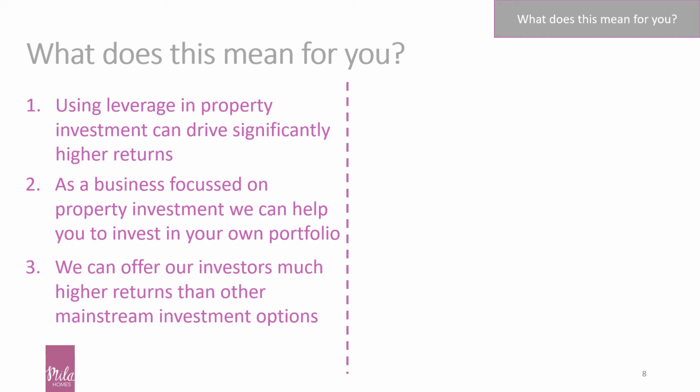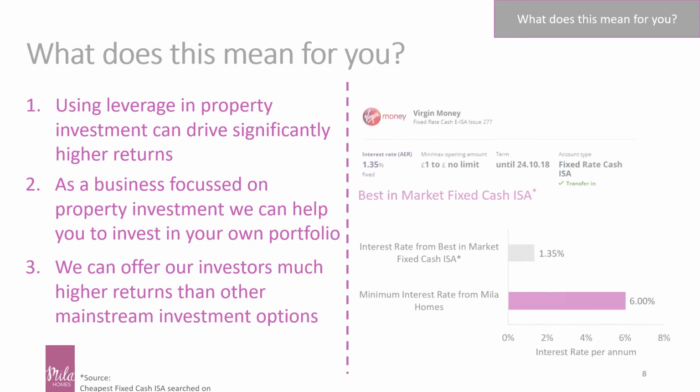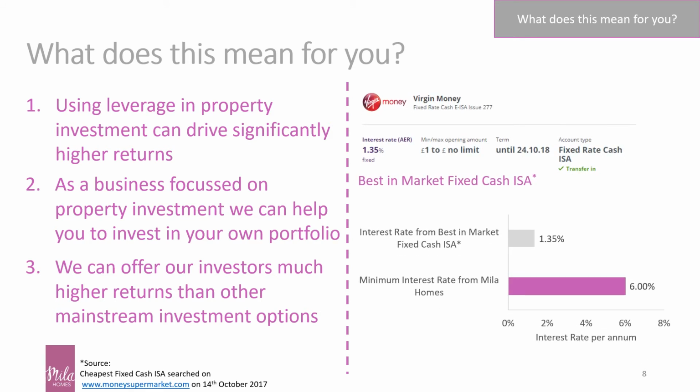And thirdly, I guess it explains why, or one of the main reasons why we can offer our investors much higher returns than other mainstream investment options. Okay, so I had a quick look on Money Supermarket last night, and you can see Virgin Money there had the most competitive interest rate in the market, a whopping 1.35%. Interest payable on your investment. Apologies for the sarcasm there.